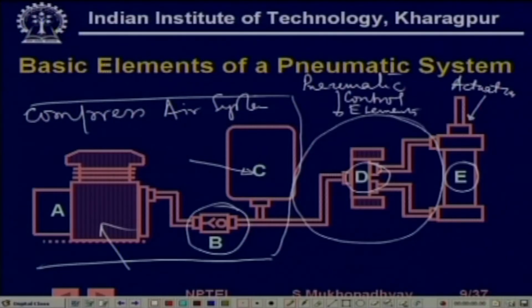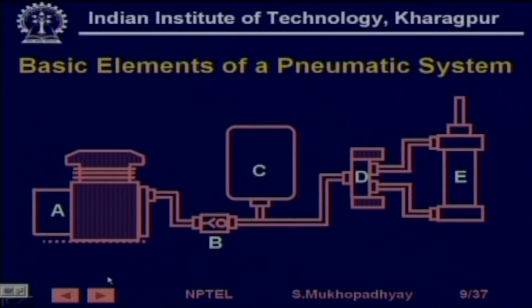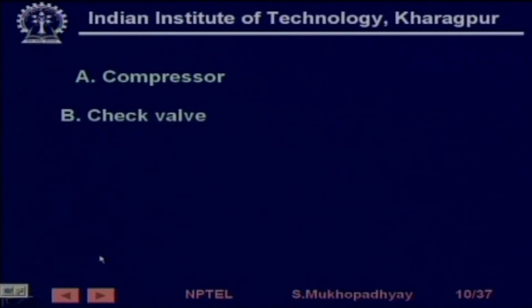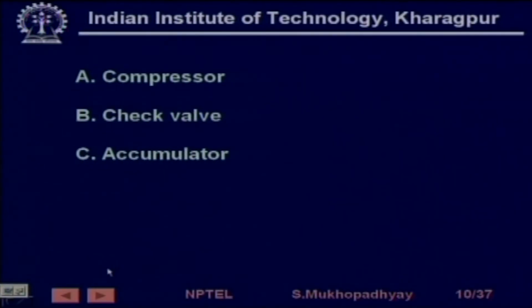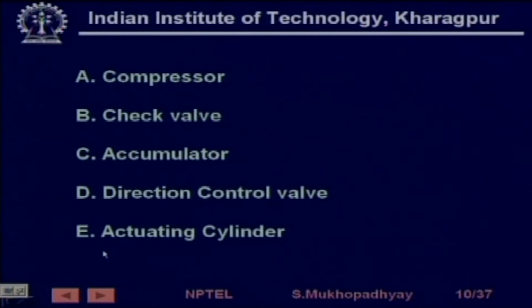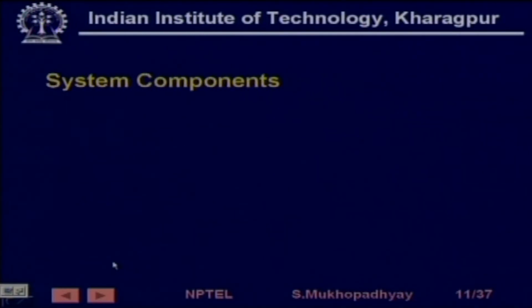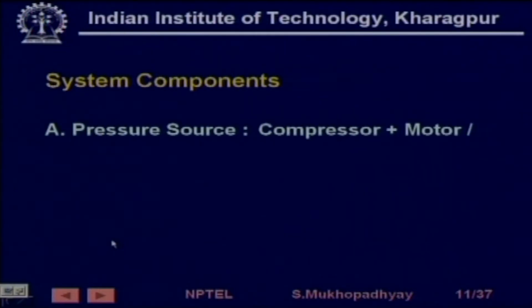So, these are the three types of equipment which are typically used in pneumatic controls. A compressor, B check valve, C accumulator, D direction control valve, and finally E is the actuating cylinder or actuator. Now, in system components, the compressor is the pressure source. Sometimes you can have a linear air cylinder, or sometimes you can also have a pneumatic motor.